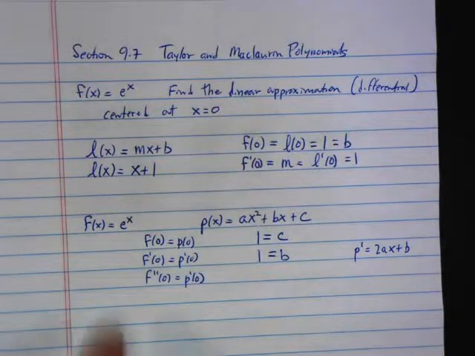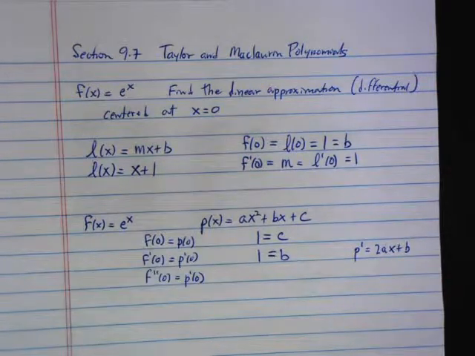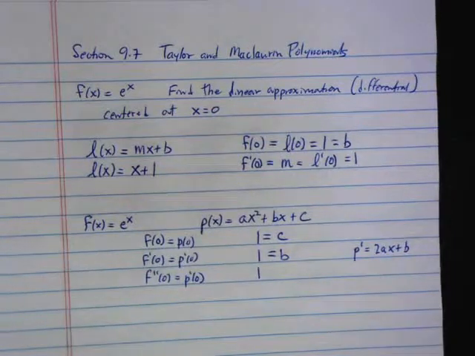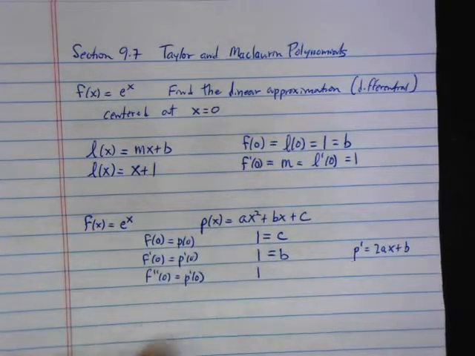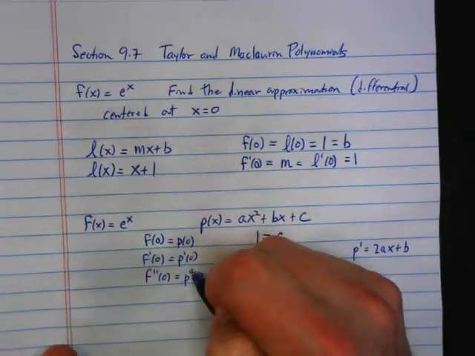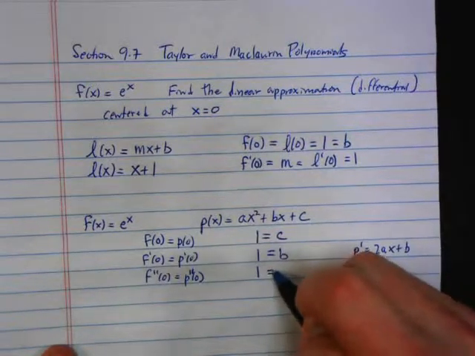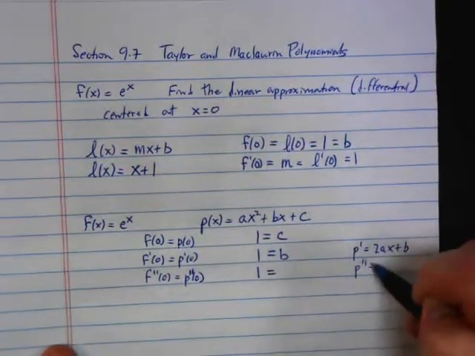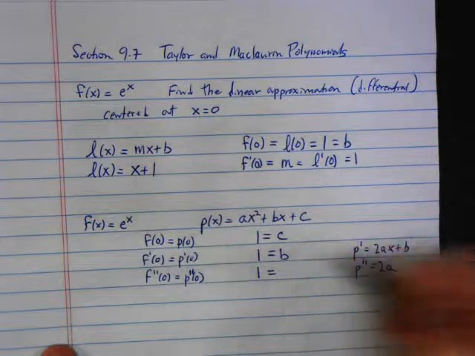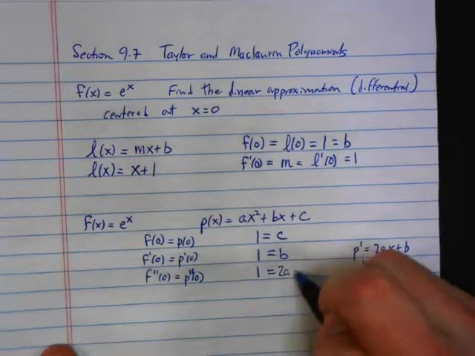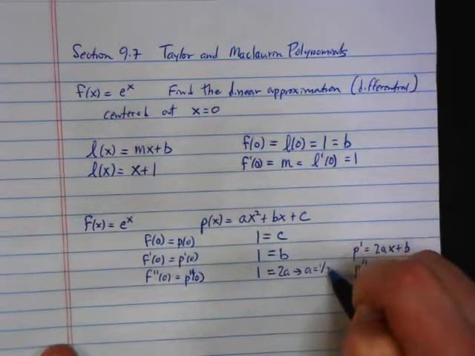Okay. What's f double prime at 0? It's 1 still, right? What's p double prime at 0? 2a. So a is going to be a half.